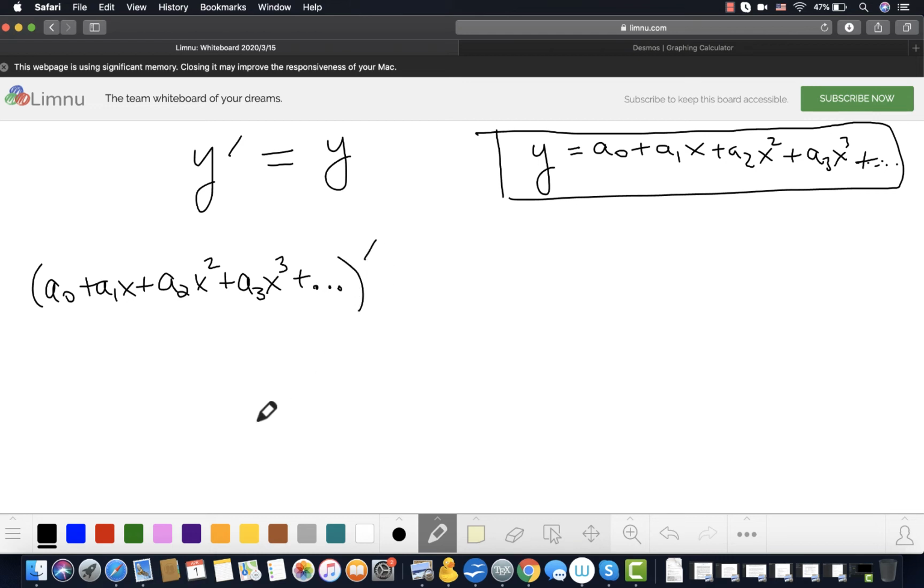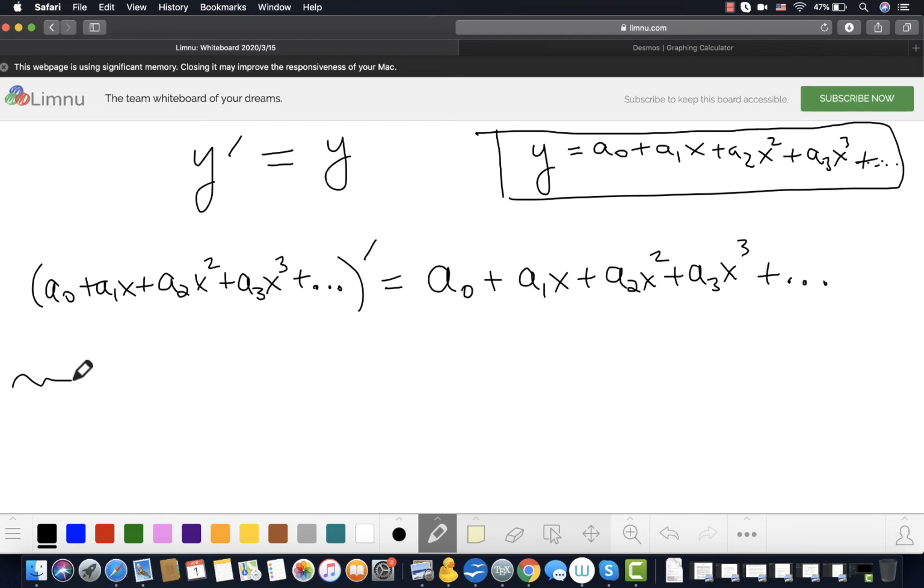I'm taking the derivative, because that's y and I'm taking y prime. That should equal y itself. So it should equal a0 plus a1x plus a2x squared plus a3x cubed, dot, dot, dot.